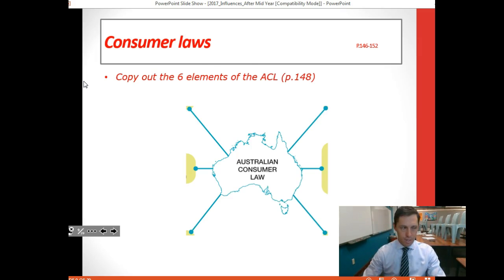We'll have a look at this in class, but on page 148 of your textbook, there is a diagram which goes a long way to explaining the 6 key elements of the ACL. Two of the most important things to understand is that it is enforced by both ASIC, the Australian Securities and Investment Commission, and the ACCC, the Australian Competition and Consumer Commission, depending on whether it is financial services related, for ASIC, or competition related, for the ACCC.